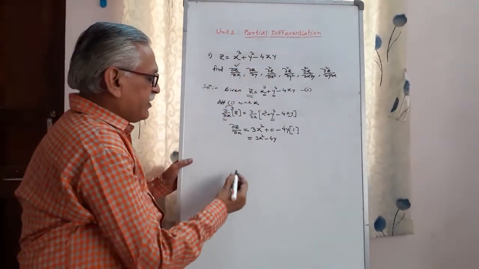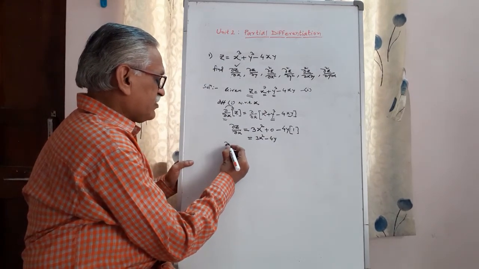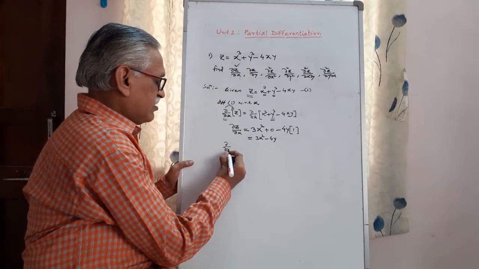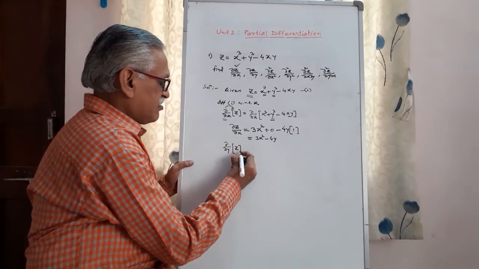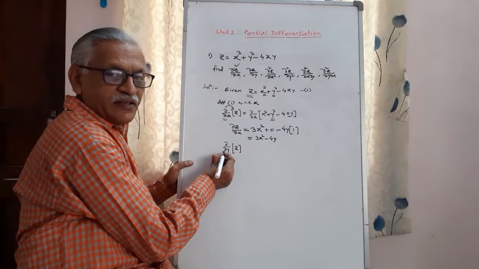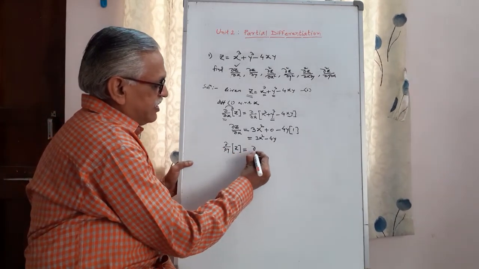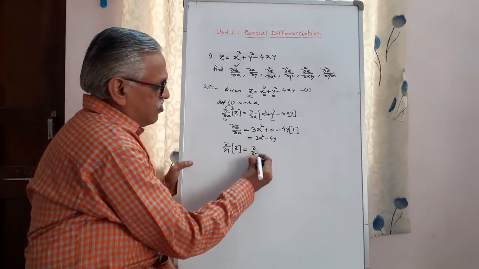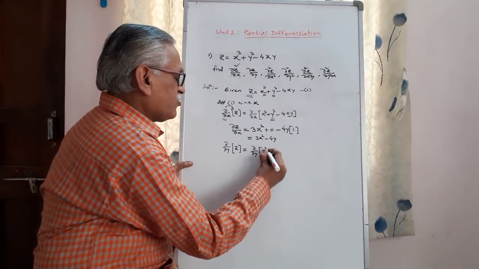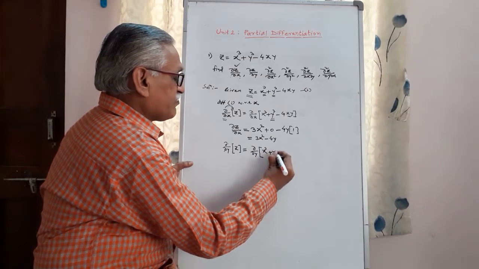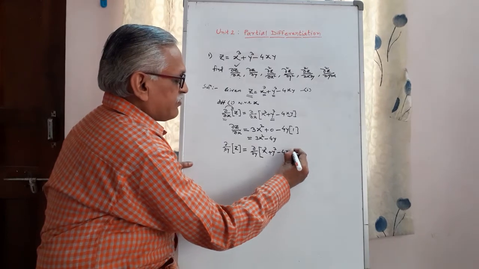Then we are required to find dou z by dou y. Dou z by dou y means differentiating z with respect to y, operator dou by dou y. Therefore, it is the derivative of the right hand side term. What is the right hand side term? x cube plus y cube minus 4xy.